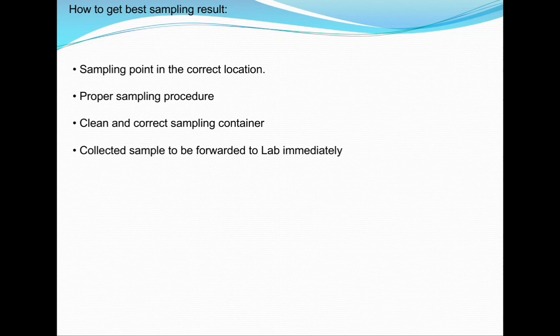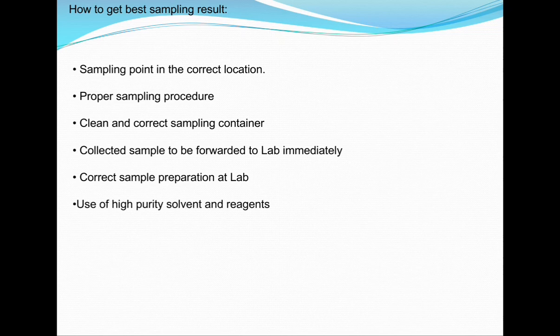Then correct sample preparation in the lab, because whenever you are preparing the sample, you are not using the total bottle, you will use a little sample with some chemicals. So there you have to see the proportion of the oil with the reagents. We have to ensure correct sample preparation at the lab. And what solvents and reagents are you using? You have to see the high purity of the solvent.